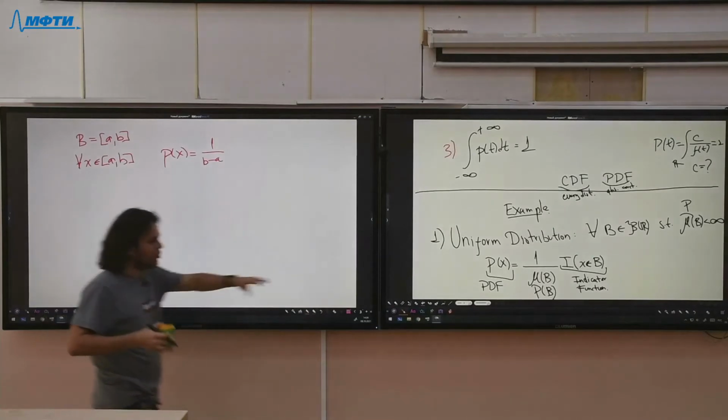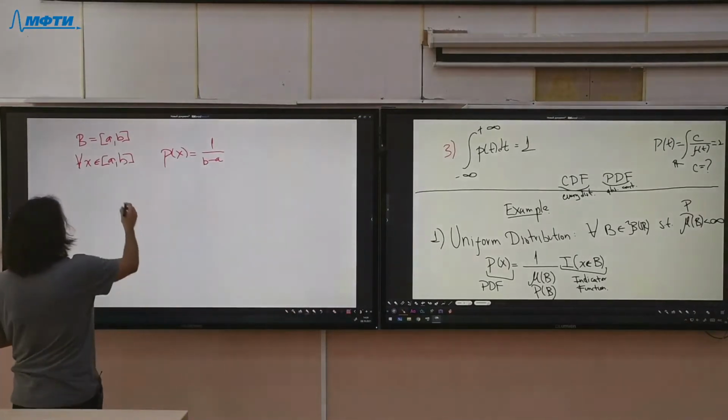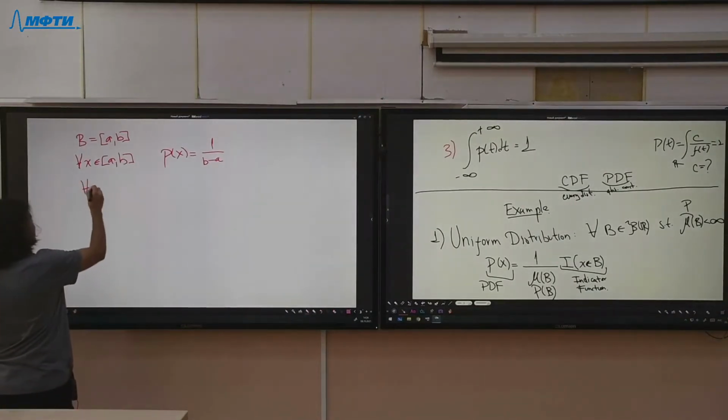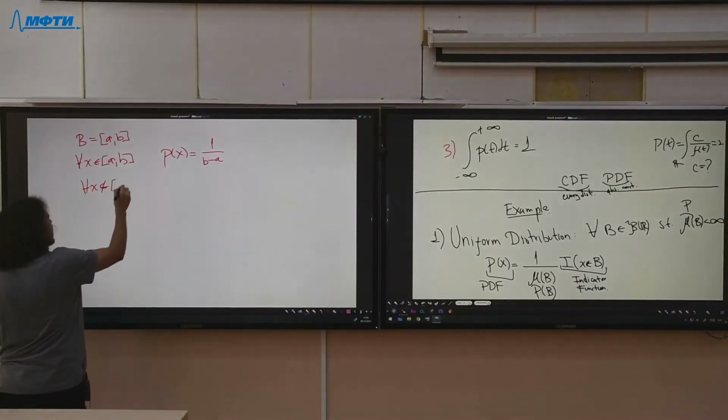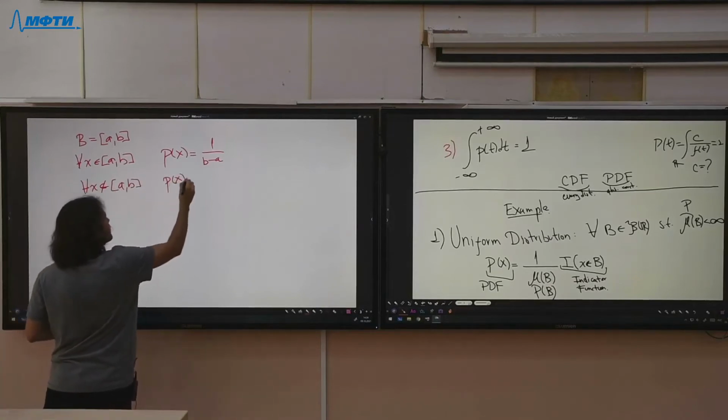The measure, the probability of B in this case is B minus A. And if x doesn't belong to the interval from A to B, then this is just 0.